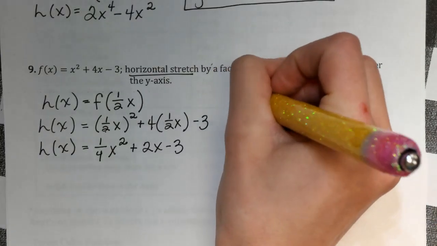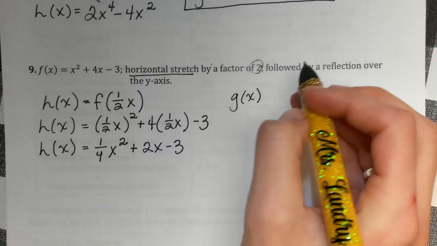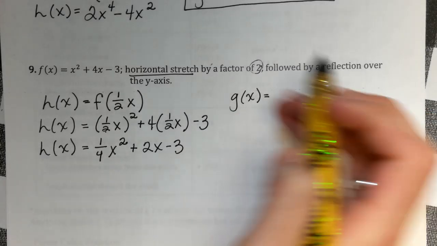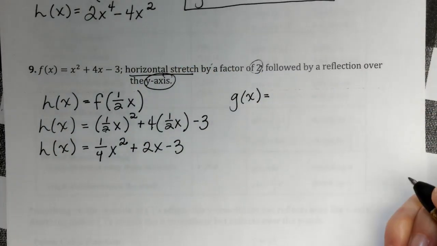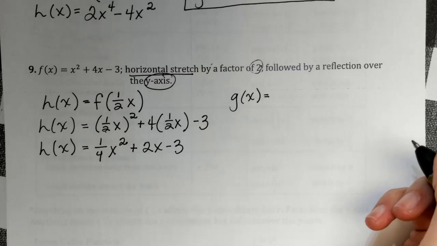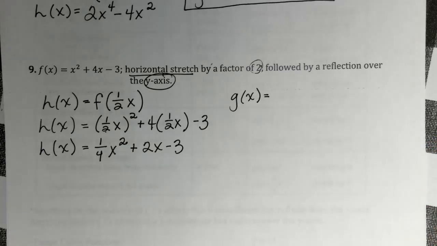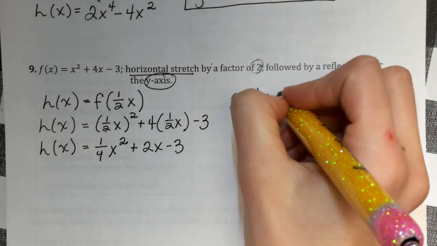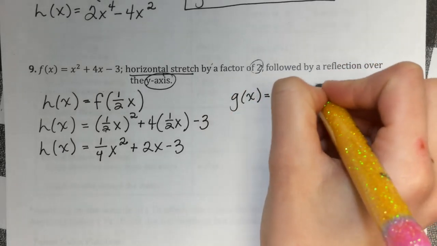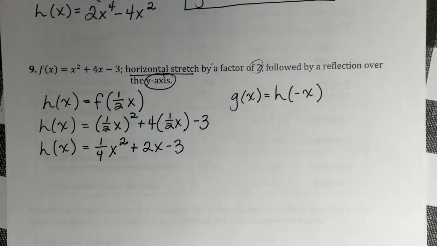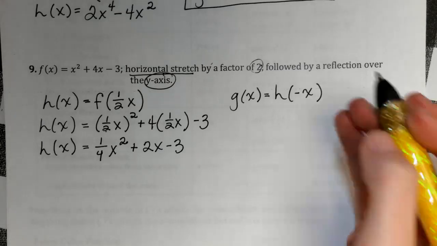Then my g of x, followed by a reflection over the y-axis. So if it's going to happen over the y-axis, what am I really putting the negative on? In the parentheses on my x, right? It's going to flip over the y. My y is here, so I'm flipping over that. So is that up and down or horizontal? Horizontal, so it has to happen to my x. So it's h of negative x. Okay?